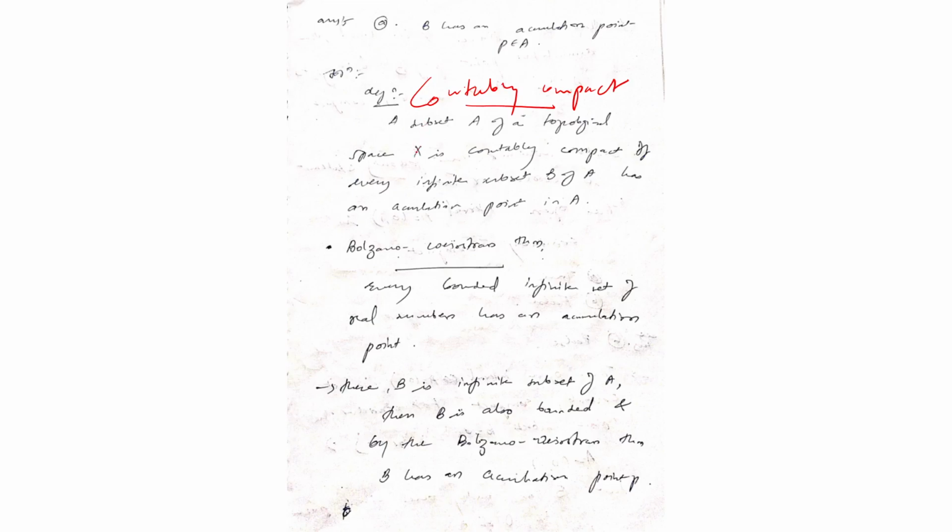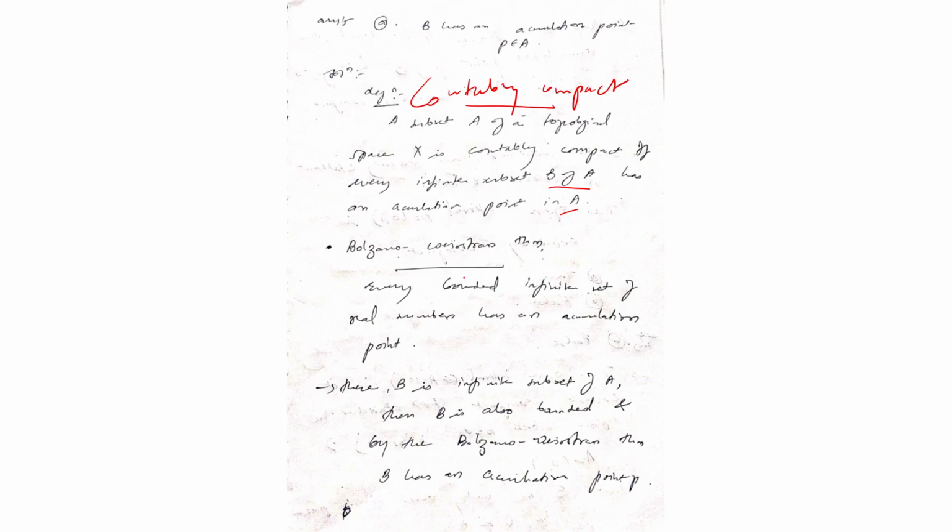There is a definition that says a subset A of a topological space X is countably compact if and only if every infinite subset B of A has an accumulation point in A. So if you take any infinite subset B of A, it should have an accumulation point in that set A. Then we say that our topological space is countably compact.